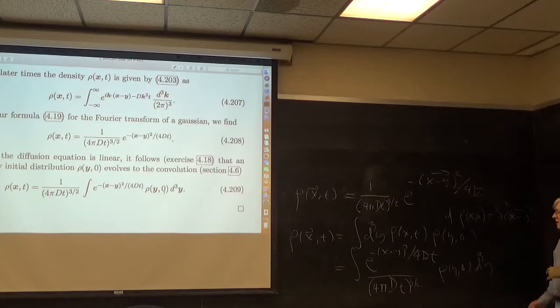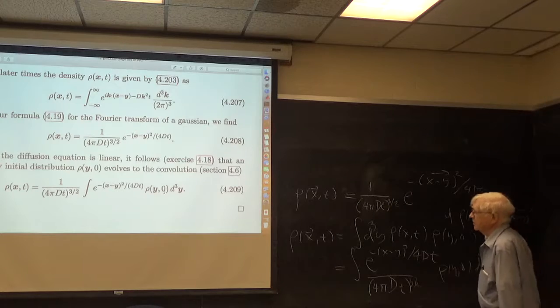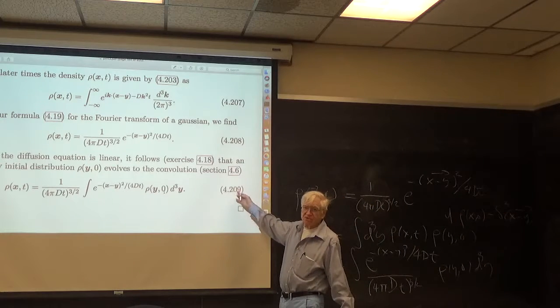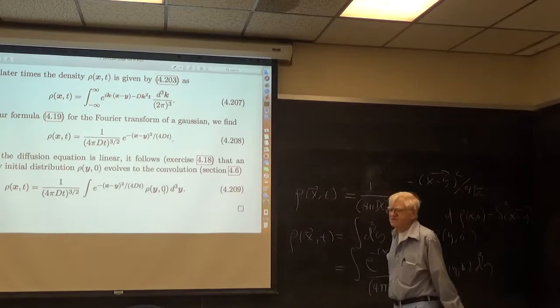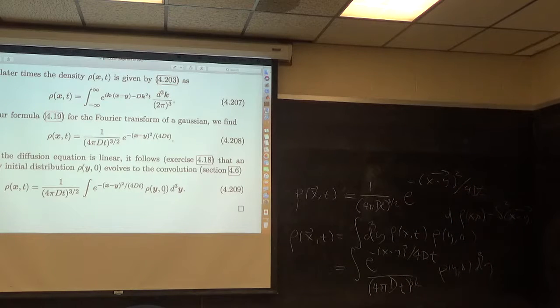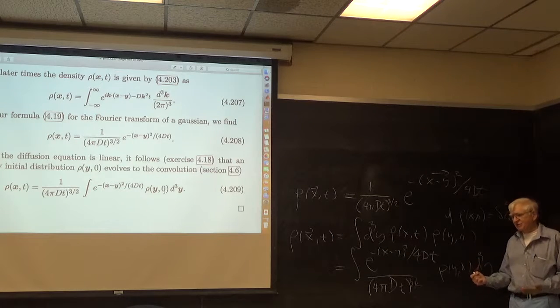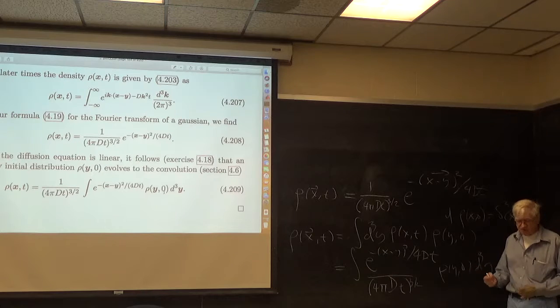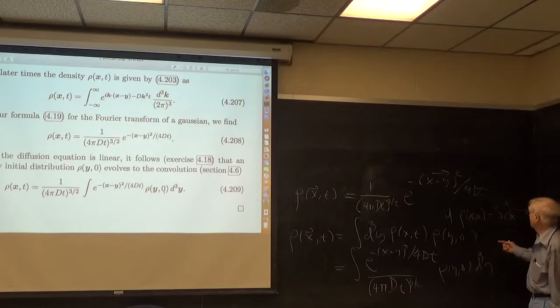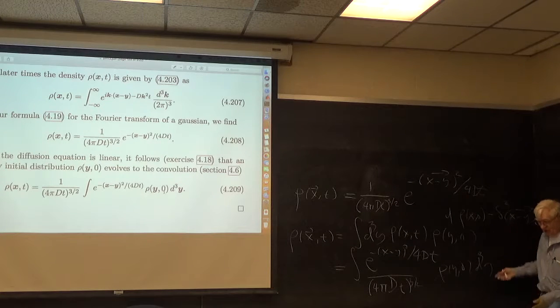By the way, this, which is equation 209, is one of the nice things about linear differential equations, linear systems: if you have a solution or a bunch of solutions, here we have a solution for every delta function localized at y.